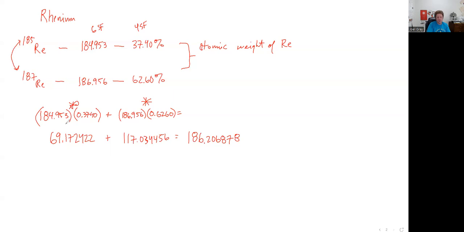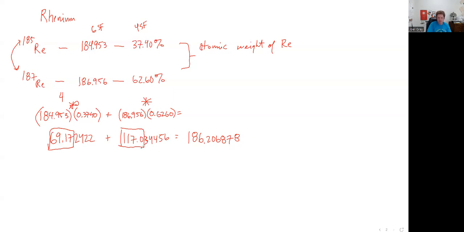So our answer for each one of these has to have 4 significant figures. That's 69.17 here, and 117.0 here. And so we combine those.